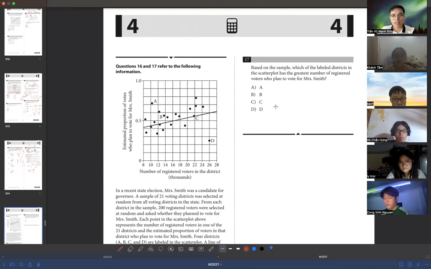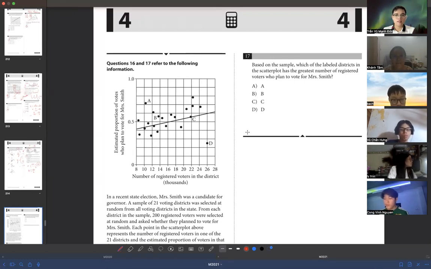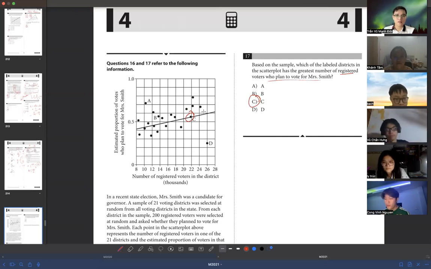And what is 17? 17C. Which label has the greatest number of registers? This is just basing off of the graph, so it's not very difficult.